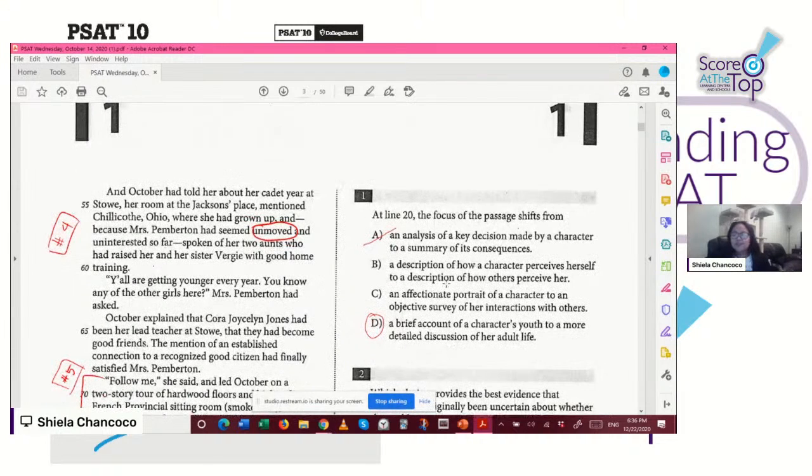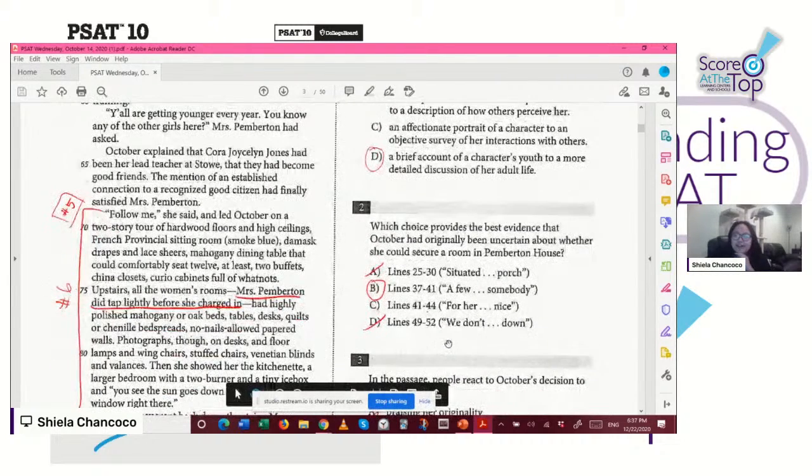Make sure when you're reading an answer choice, read all the way through, because that is a really good trap answer. The first part is right, the second part is wrong. But the answer is D, and it's all about the character's youth, and then all of a sudden it's in her adult life. There's just a big jump there. Okay, let's move on to question 2.